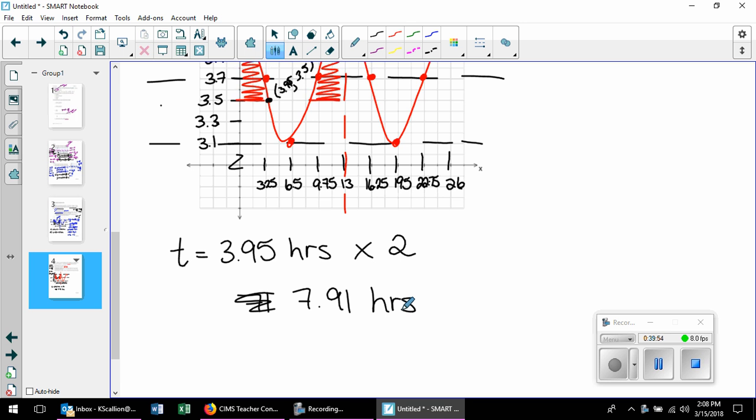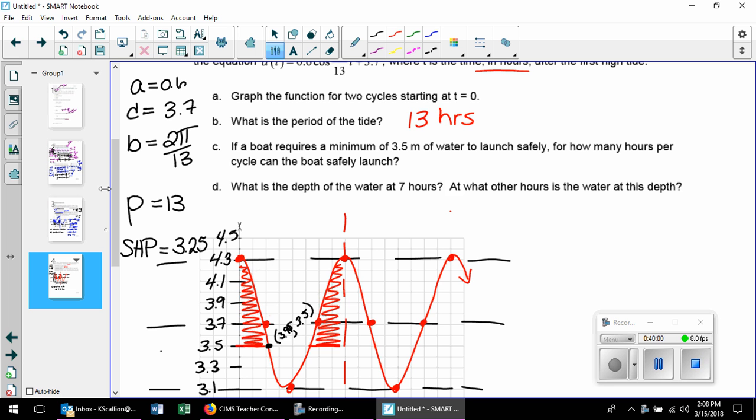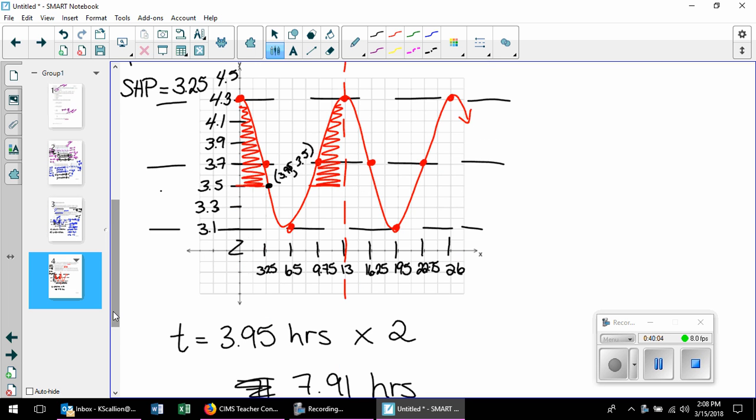What does D ask us? What is the depth of the water at 7 hours? Is 7 a number on this increment scale? No. So we have to do some math. You just put in the 7 for T. Simple algebra. So part D, I'm looking for the height at 7 hours.